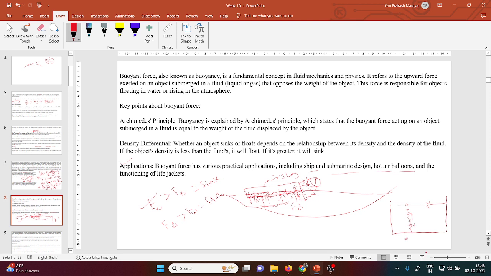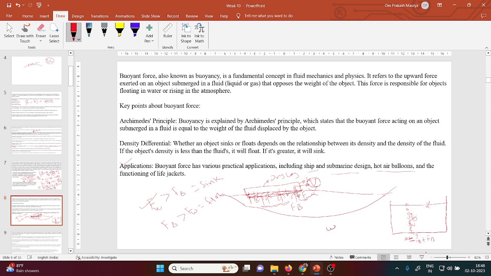So how is it balanced? The weight force is also there. If we talk about the equilibrium condition, W is equal to FB and FD.